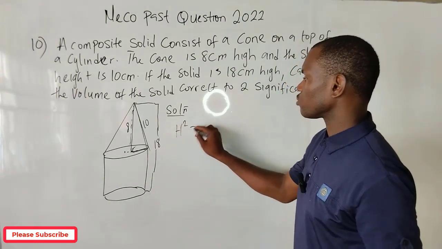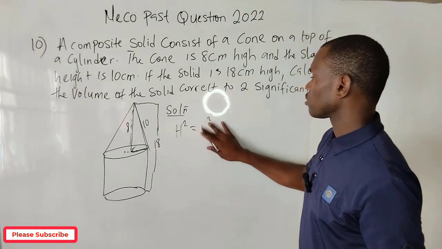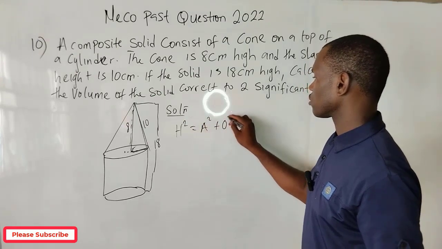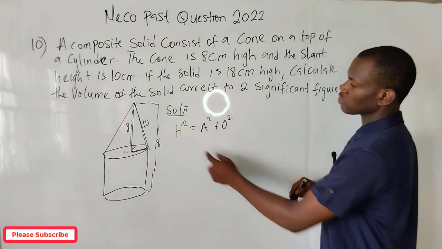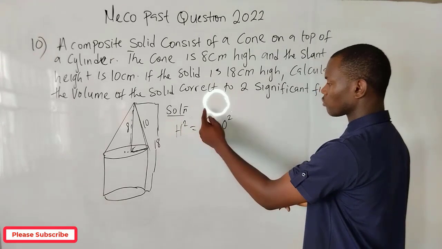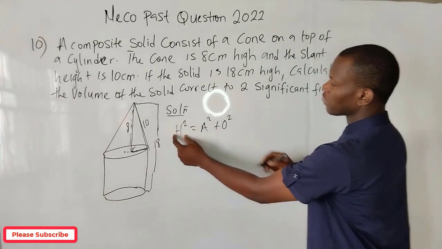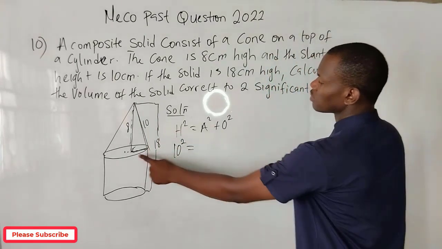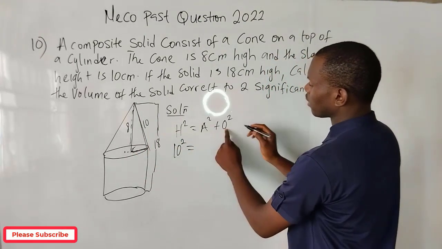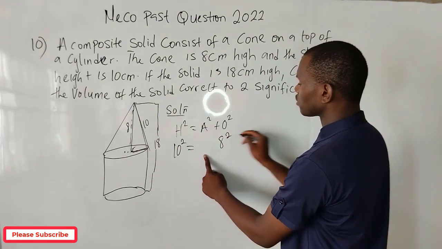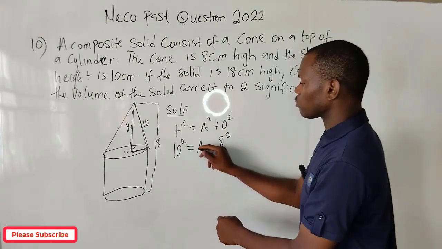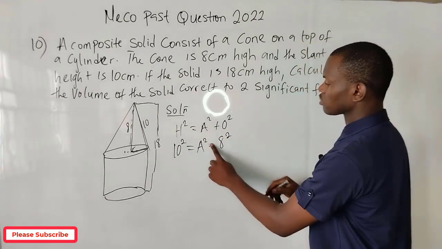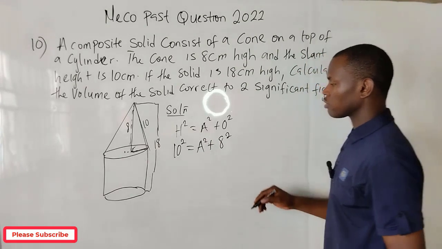We use Pythagoras theorem: H squared equals A squared plus O squared. My H is the slant height, which is 10 squared, equal to A squared plus my O, which is 8 squared. So I am looking for A, which is actually my R.